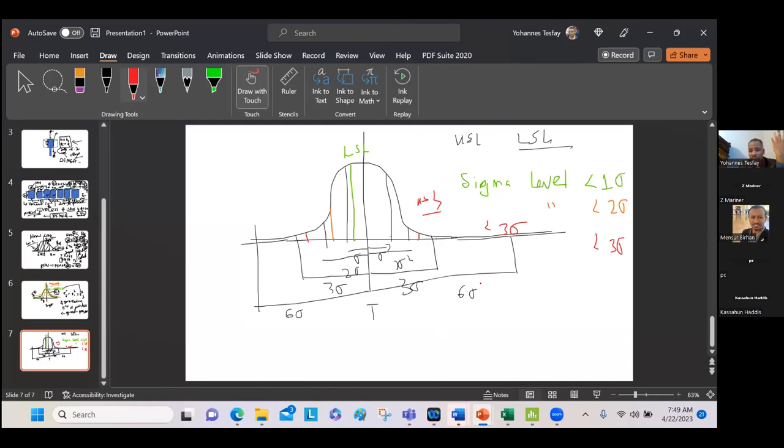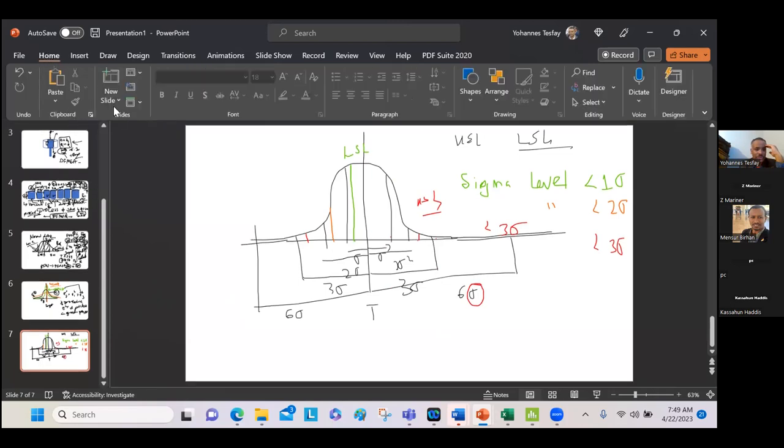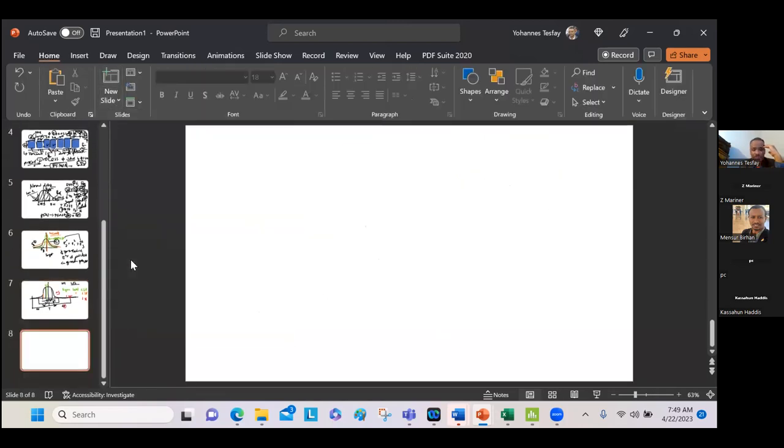What if you're going to reduce your sigma? I'll show you that step. Imagine this is your lower specification limit and this is your upper specification limit, just like that.